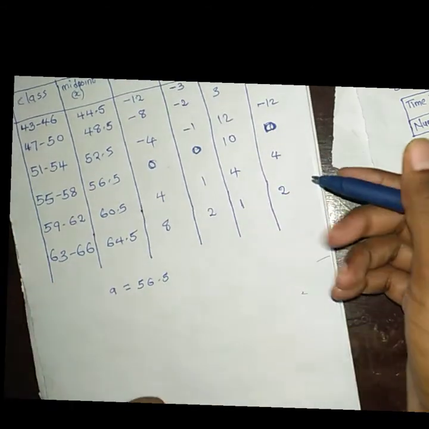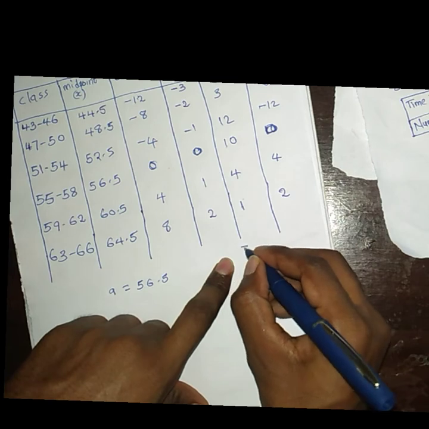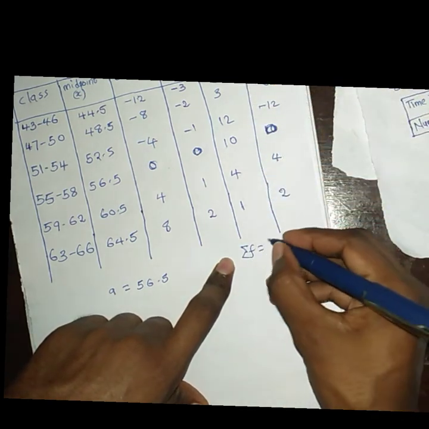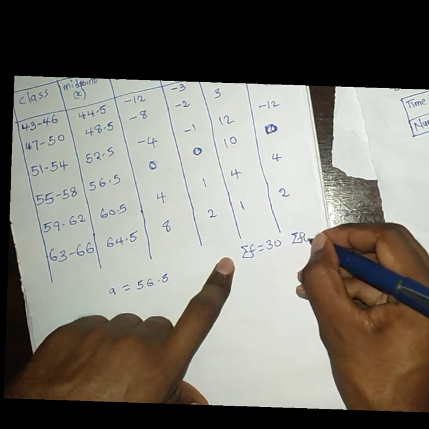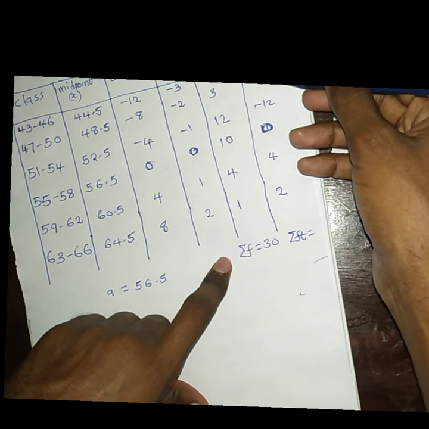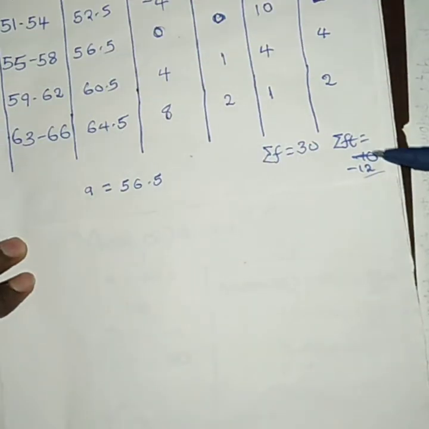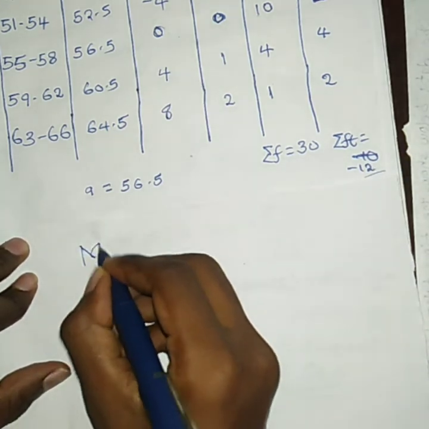Now we are going to get the summation of f. If we add all these, we are going to get 30. And the summation of ft, if we add all these, is -12. And then we'll be calculating the mean.